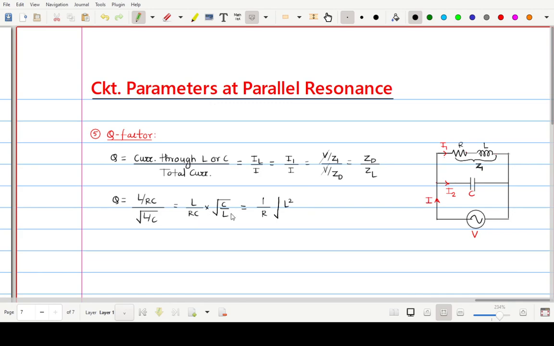If you take this C inside this root, it should be C square, and it is multiplied by what is inside the root, C by L. So this L and this square will get cancelled, C and this C square will get cancelled. So what you are getting: Q is equal to 1 by R under root L by C. This is nothing but your quality factor. So the quality factor of any RLC circuit is decided by the values of resistance, inductance and capacitance.